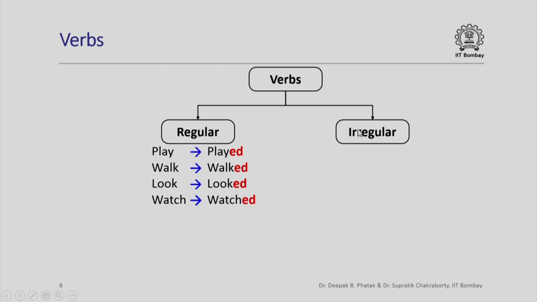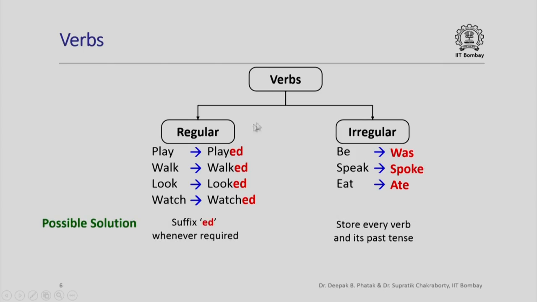Irregular verbs on the other hand are verbs where you can't do this to get the past tense. For example, be, was, speak, spoke, eat, ate. So the question is, how are we going to do this systematically in a program? Well, we might say that we are going to keep track of what are the regular verbs and what are the irregular verbs.